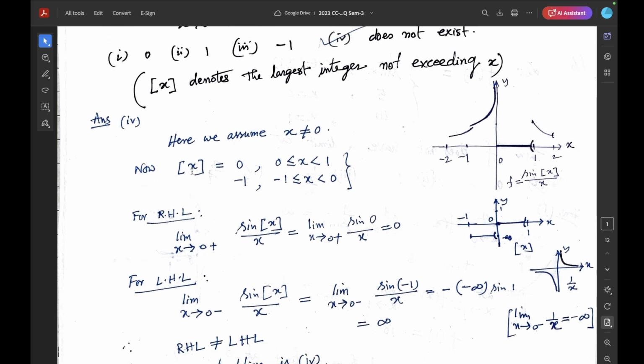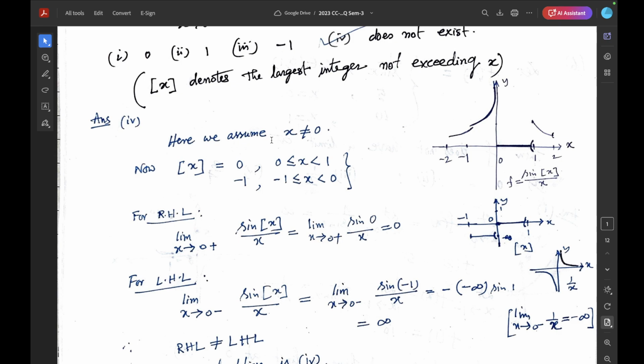Now box x, that is the floor of x, equals 0 when 0 ≤ x < 1, and equals -1 if -1 ≤ x < 0.